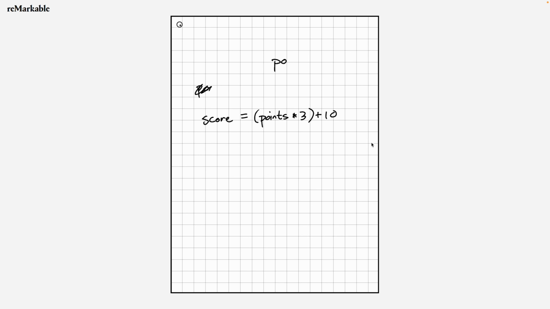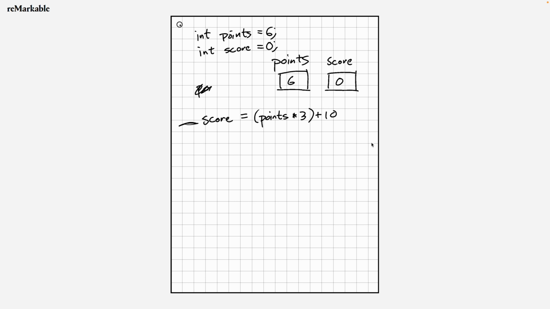Let's say points was, in our imagination, the points variable and it's equal to 6. So imagine that somebody said int points equals sign 6. So that had already happened, and someone said int score equals 0. So we've got our points variable, we've got our score variable.